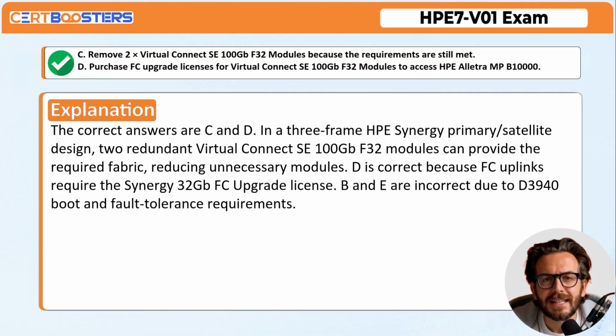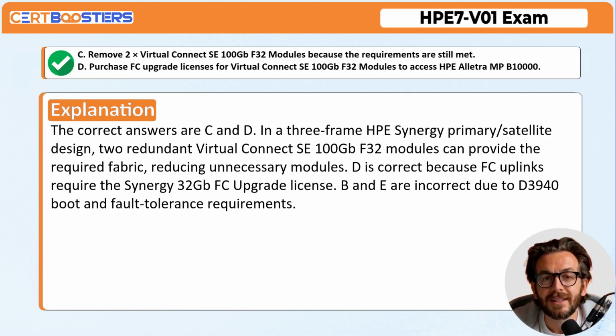Correct answer: C. Remove 2x Virtual Connect SE 100 gigabit F32 modules because the requirements are still met. And D. Purchase FC upgrade licenses for Virtual Connect SE 100 gigabit F32 modules to access HPE Alletra MP B10000.